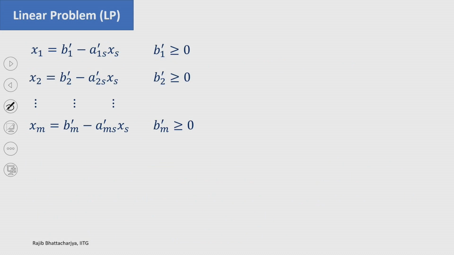Suppose this is a non-basic variable and I would like to make it a basic variable.